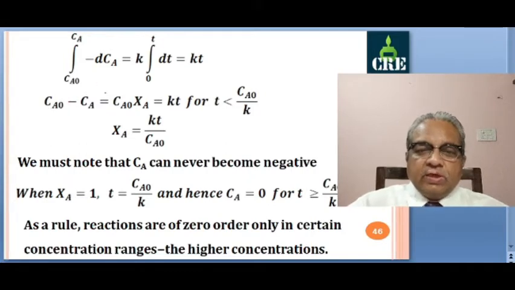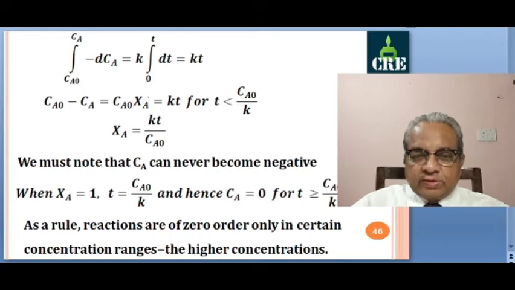And Ca0 minus Ca is Ca0 times Xa, because Ca is equal to Ca0 times (1 minus Xa). This we have used many times. So Ca0 minus Ca is the same as Ca0 Xa, and that is equal to kt.